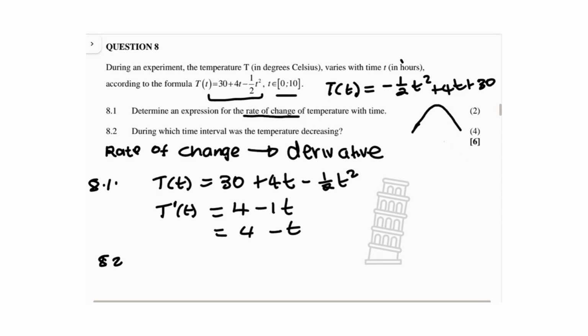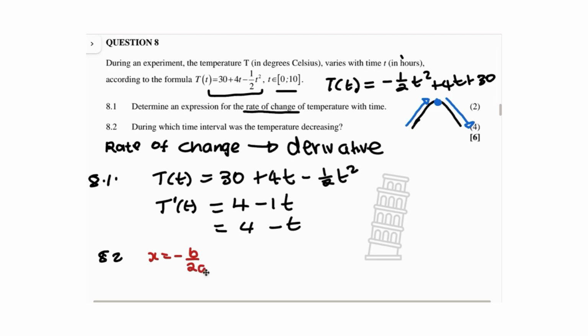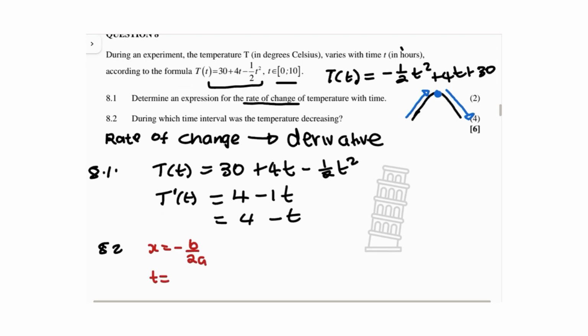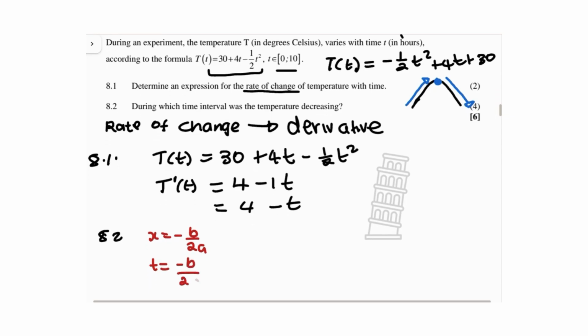The graph is increasing when t is less than the turning point. It's decreasing when t is greater than the turning point. So we need to find the x value at the turning point, because it represents the time. I can use x = -b/2a, but I'm going to say t, because we are using T(t), not f(x).